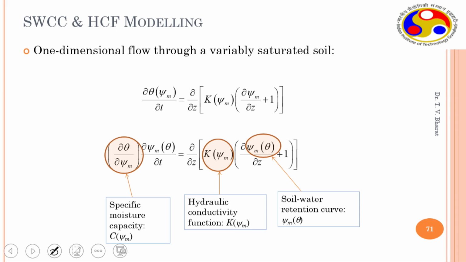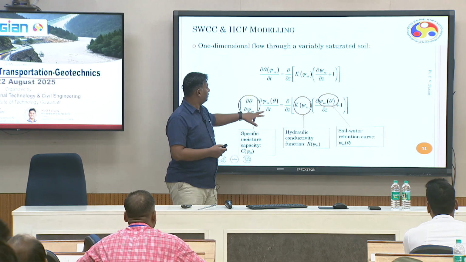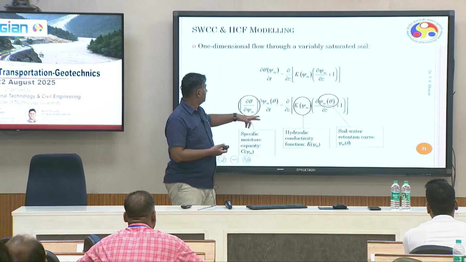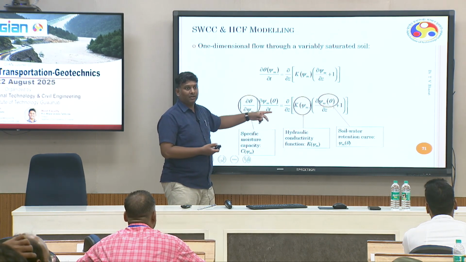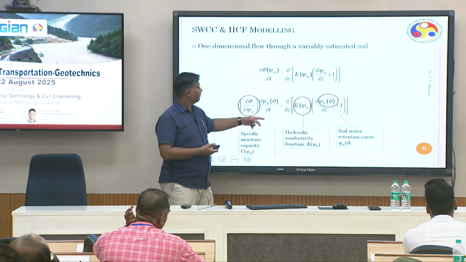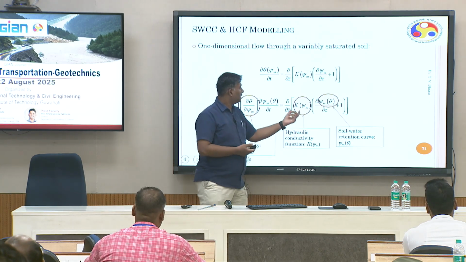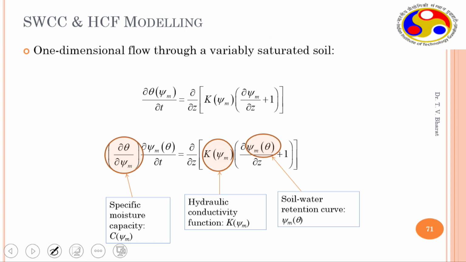So that's why this extra class, you may think. So this is the Richards equation, in original form, maybe not even the original form. You will have theta and psi, both as dependent variables. Here these two are what we are trying to evaluate. One is this one, the other one is this one, right?